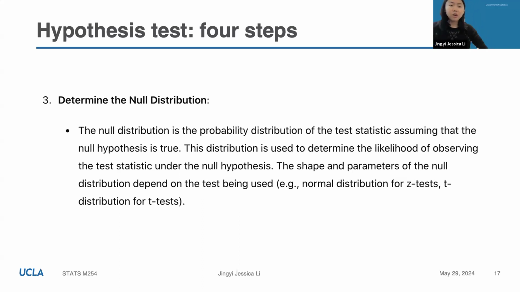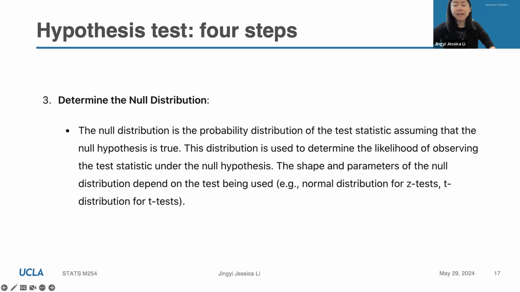All right, so the null distribution is the probability distribution of the test statistic, assuming that the null hypothesis is true. This distribution is used to determine the likelihood of observing the test statistic under the null hypothesis. The shape and parameters of the null distribution depend on the test being used. Say the standard normal distribution for Z tests, the t distribution for t tests.